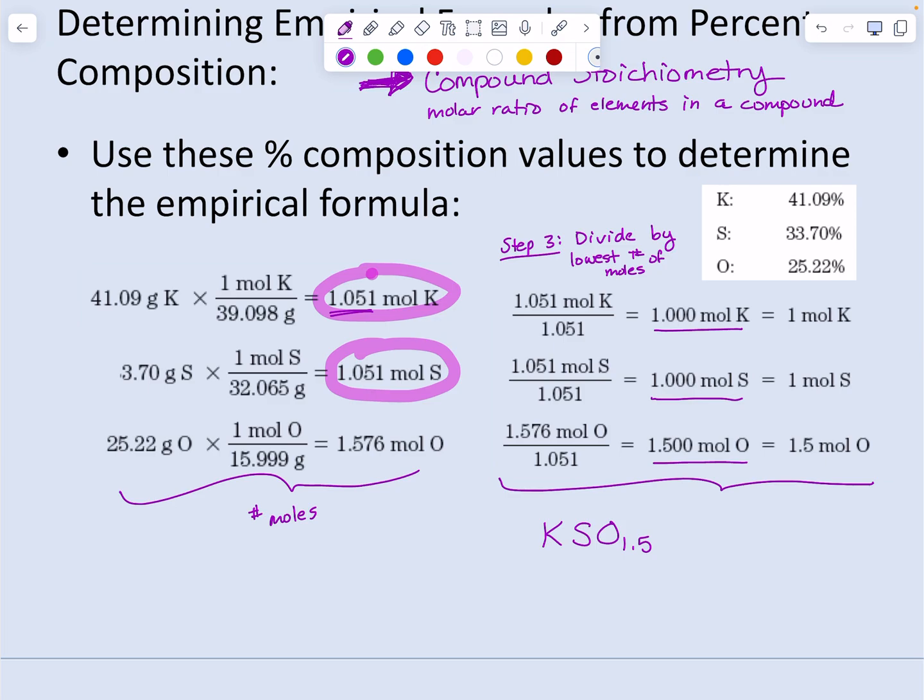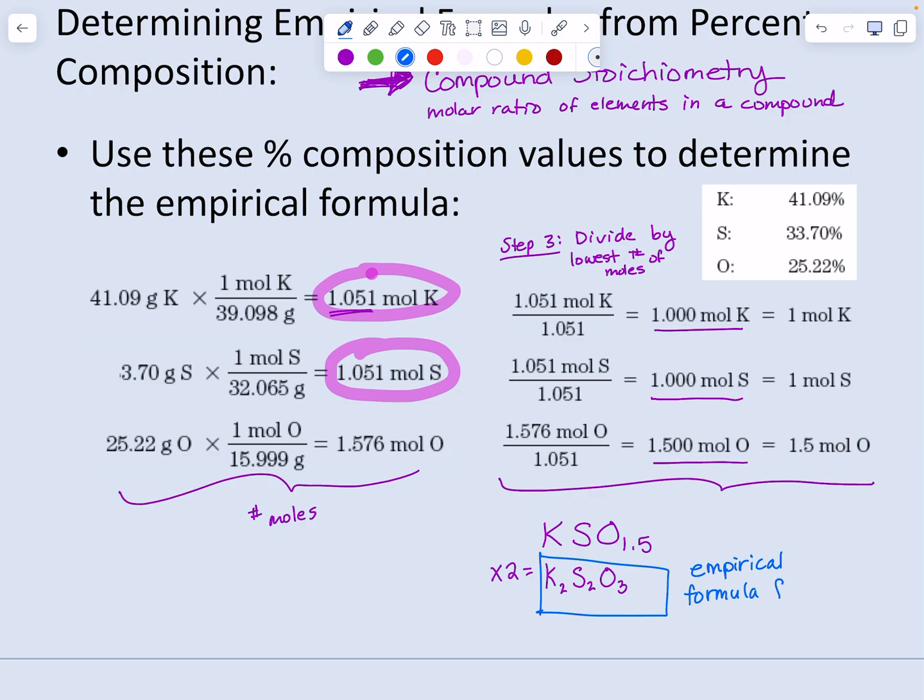What can we multiply 1.5 by to get to an integer? 2. So if we multiply everything by 2, what we get is K2S2O3. This is the actual formula for our compound. This is what we call the empirical formula for the compound.